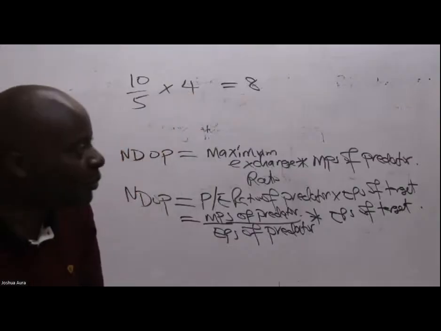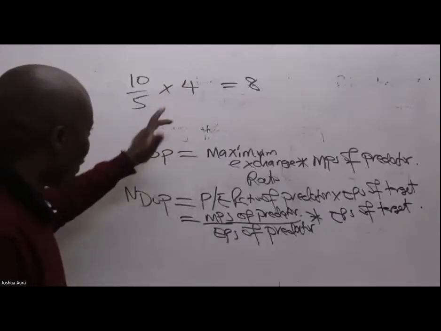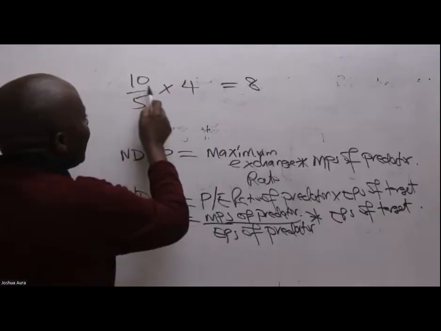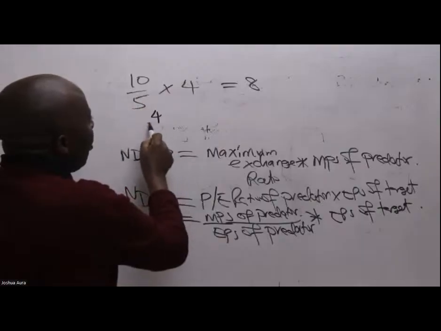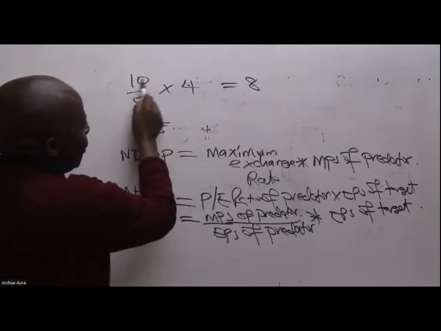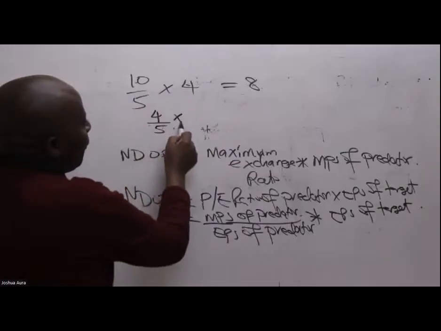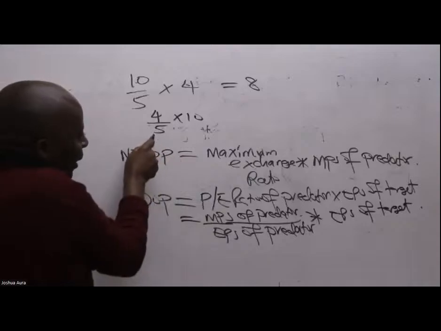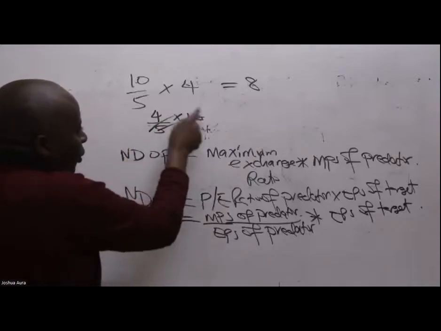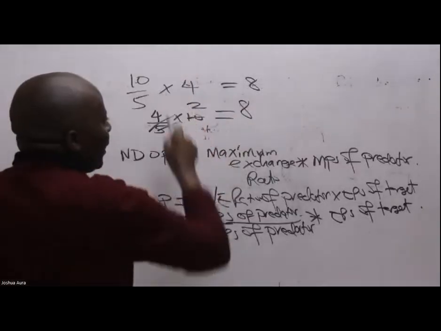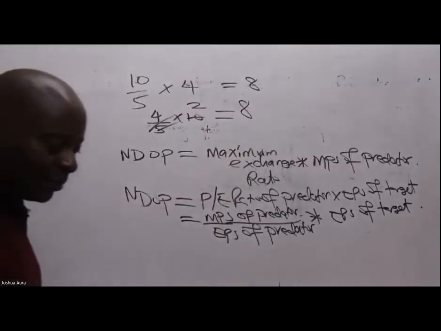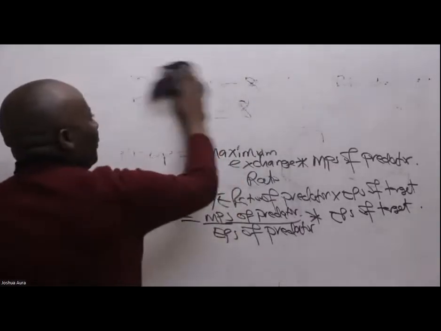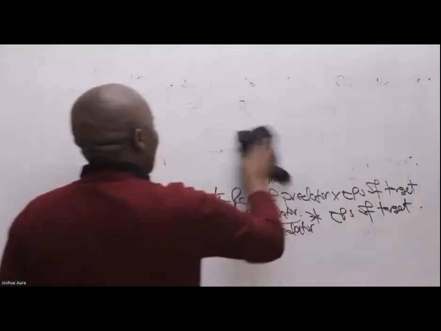So I can say 4 over 5 times 10. This is still okay, because in multiplication I still have this going in twice and still giving me 8. This is very correct in terms of algebra.